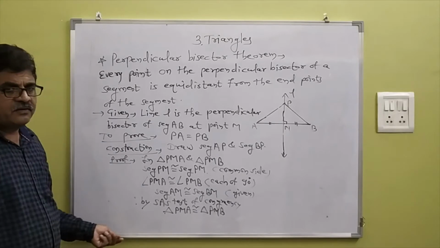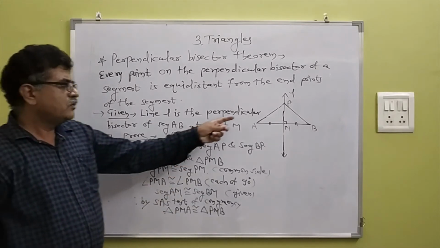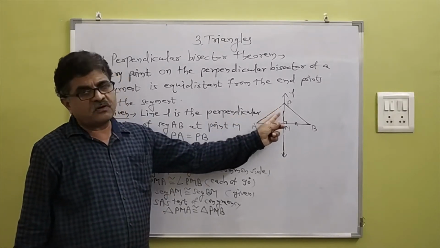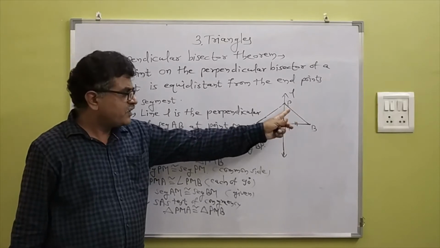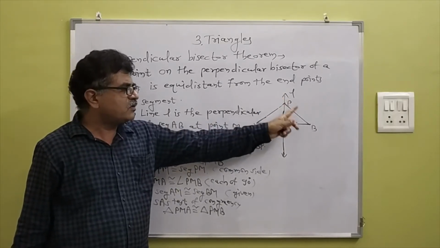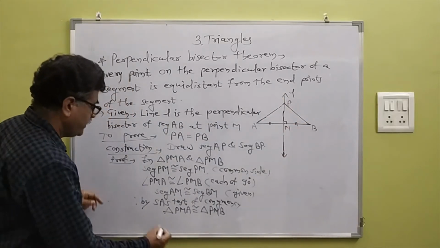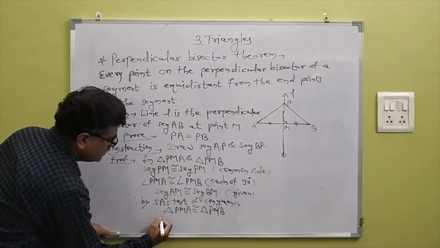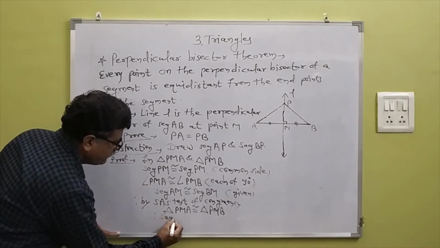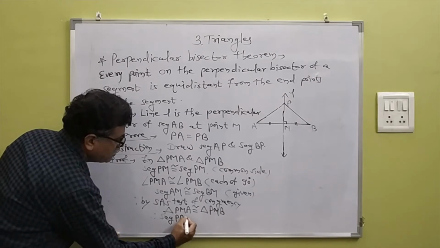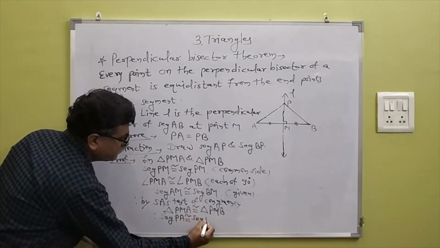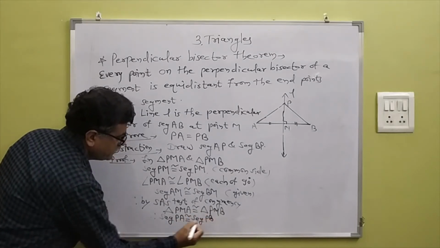Now we know that corresponding sides of congruent triangles are congruent, therefore segment PA congruent to segment PB.